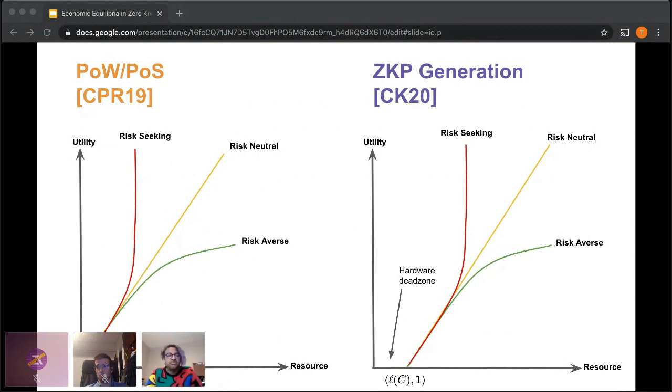Again, the von Neumann-Morgenstern theorem gives you uniformization proofs for any strictly convex, strictly concave, or linear class. And so the risk neutral ones are defined to be the quasi-linear utility. And you can basically see that as a function of resource, the risk-seeking users have this convex function. The risk-averse have this concave function, and risk-neutral are linear.